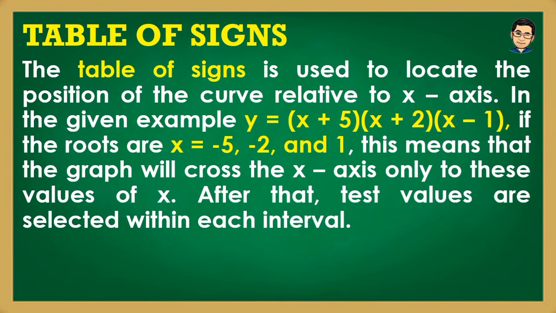If the roots are x is equal to negative 5, negative 2, and 1, this means that the graph will cross the x-axis only at these values of x. After that, test values are selected within each interval. So, yan po yung mga roots ng given function natin. And then, ibig sabihin po niyan, dadaan po dyan yung graph ng ating function.